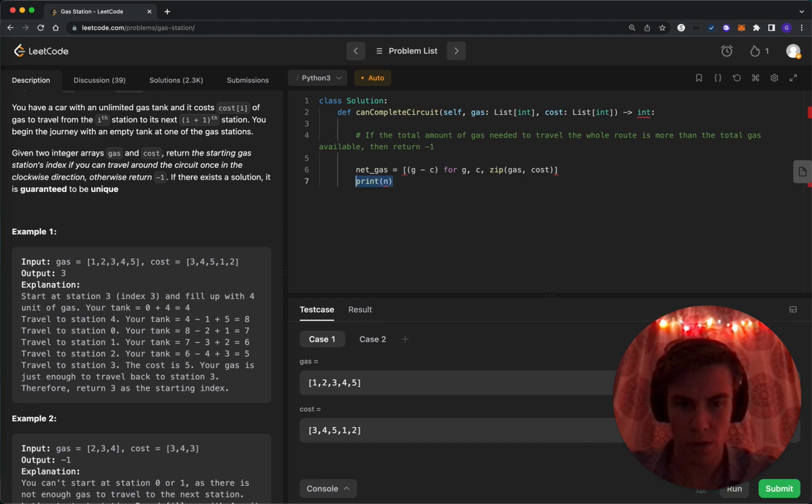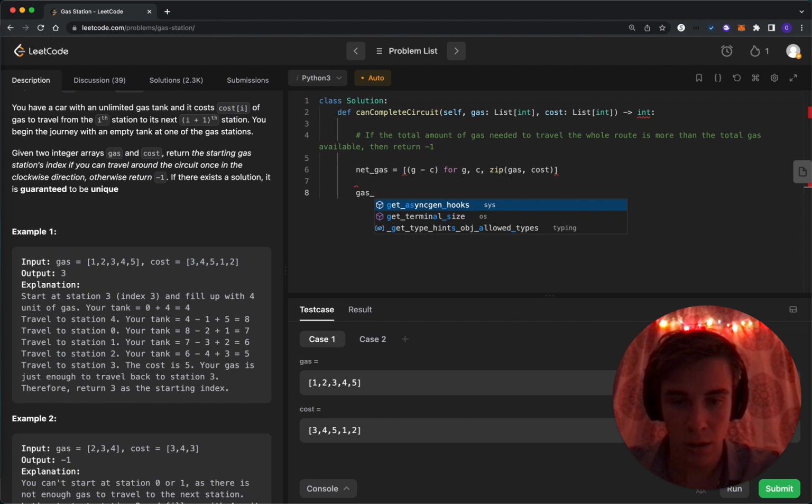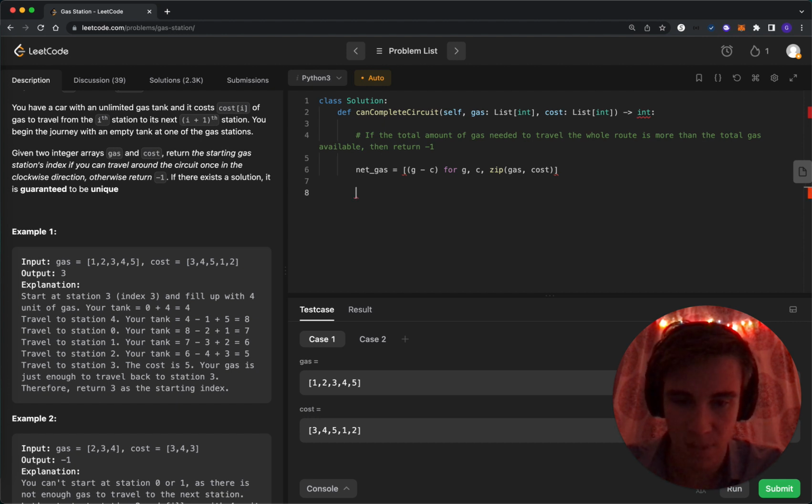That should be good enough. Now let me iterate through all the possible gas station indices.